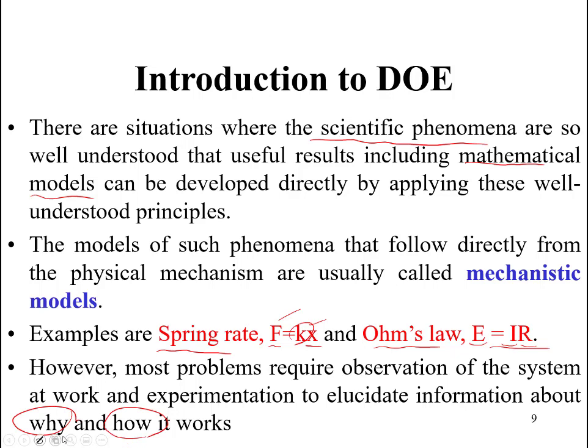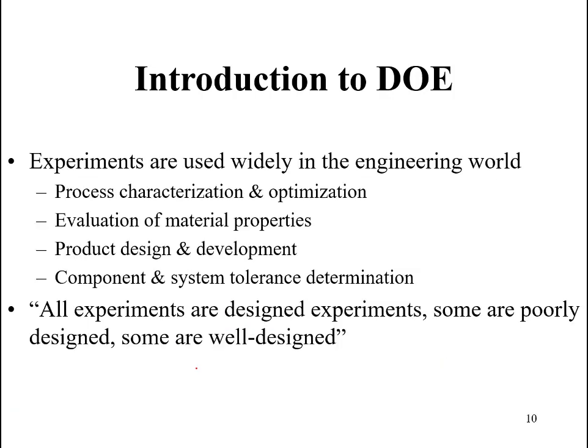So this one can also be elucidated or determined by design of experiment to understand why we have failure in a gear, why we have failure in a shaft, why we have failure in an air conditioner. So you can have a design of experiment to understand the reasons behind this.